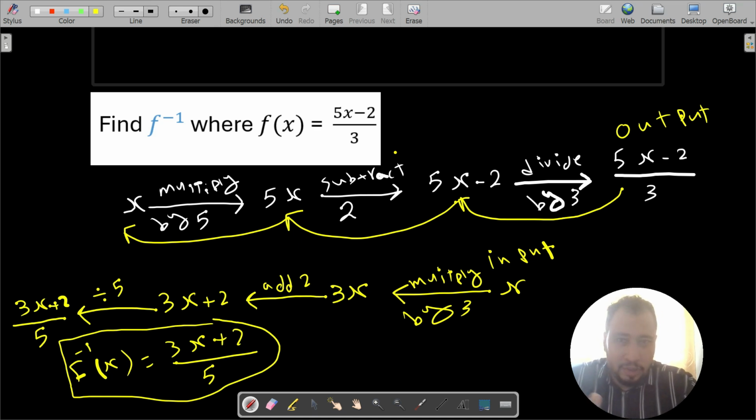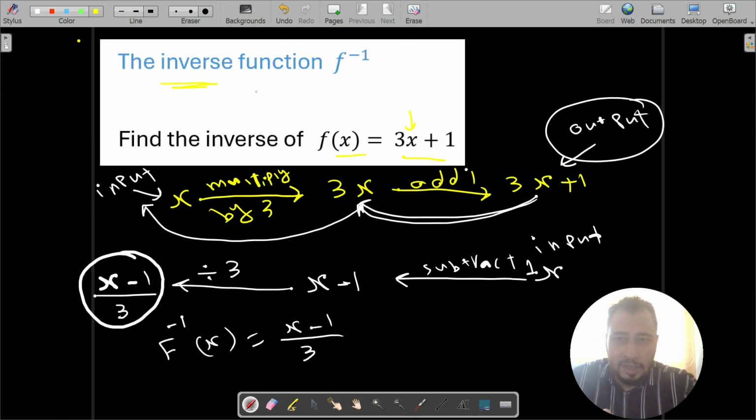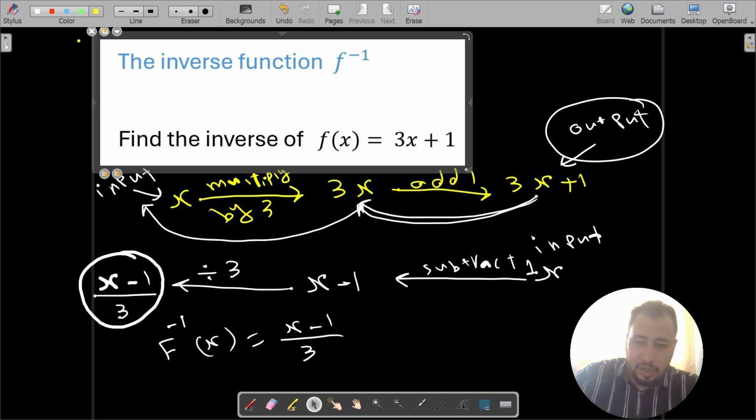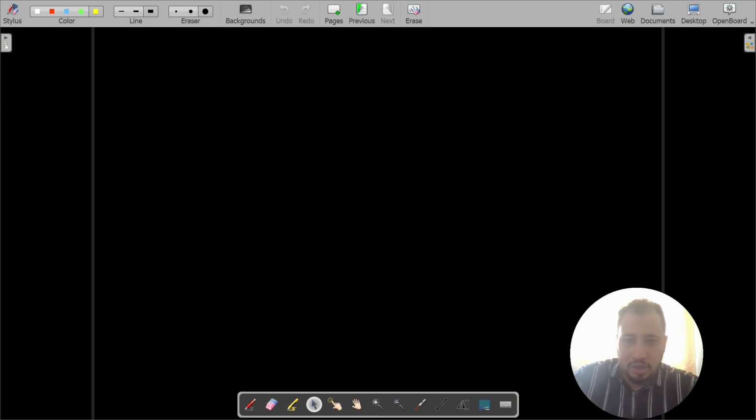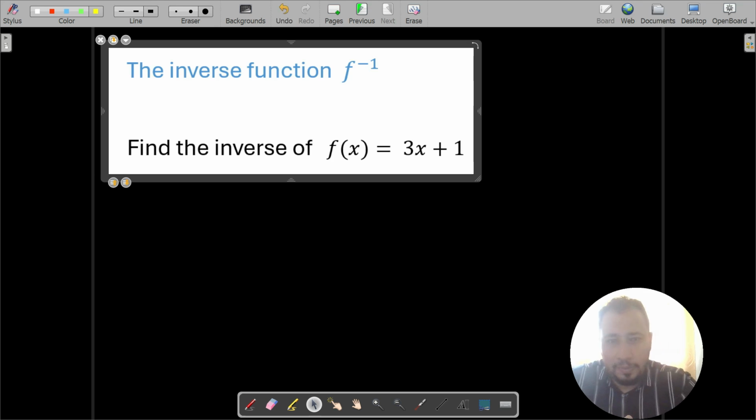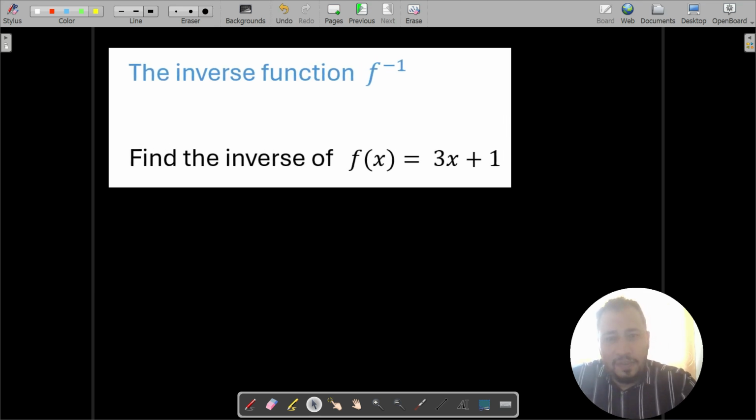Now let's take a look at the second way, which is about finding it by making y the subject. Let's take the same exact question, in a new page, and let's do it together. Find the inverse of the function. I have steps, and if you follow these steps, you will be able to do it easily.